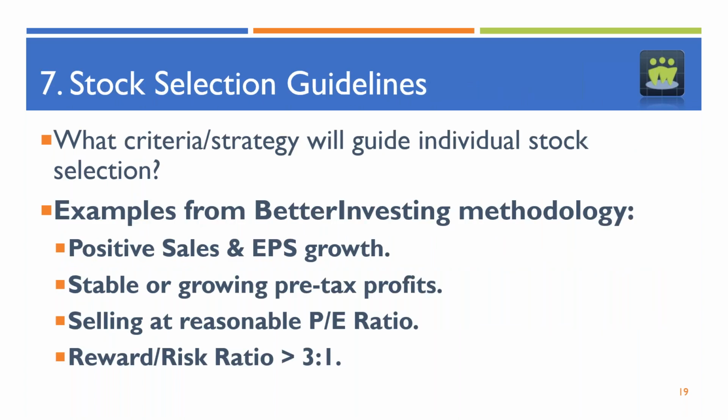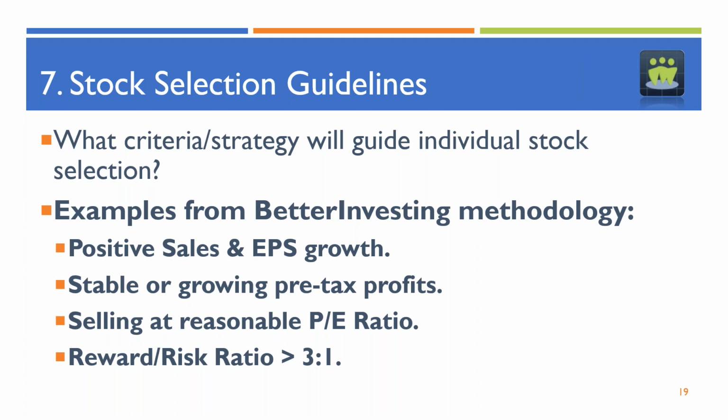Number 7 is our stock selection guidelines, and this can be as detailed or as broad as you wish. If you are following the better investing methodology, you might set up your criteria for any stock that's considered, for instance, that has a history of positive sales and earnings growth and likelihood of future growth, that the pre-tax profit margins are stable or growing, that it's selling at a reasonable PE ratio, that the reward to risk ratio is greater than 3 to 1.